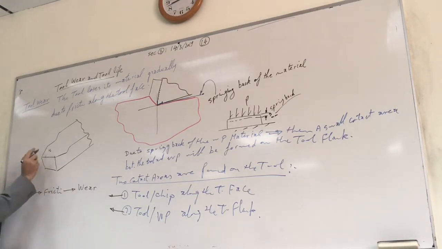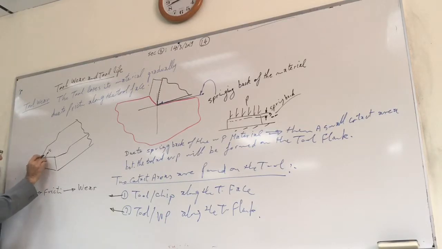Okay, no problem. This is the chip, making contact here, friction here, wear here. Another part with the workpiece goes like this, not vertically but springing back, touches the flank and goes down.